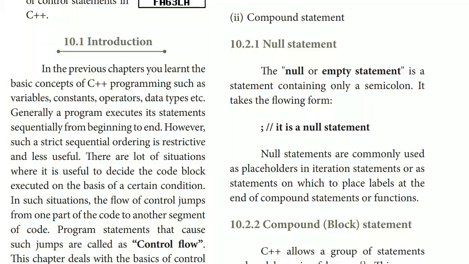In a long program, you can leave some space for future updates, a line left empty so that in the future if you want to add some code, you can add it. That's the use of the null statement.